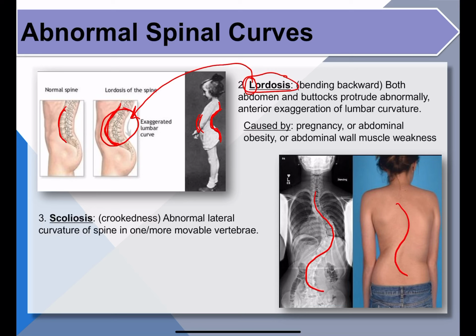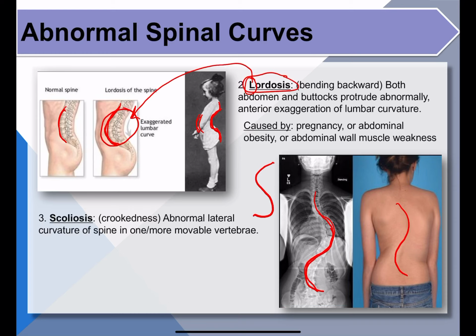If someone's back is like that, then it looks more like an S, where the spine curves to one side and curves back to the other side.